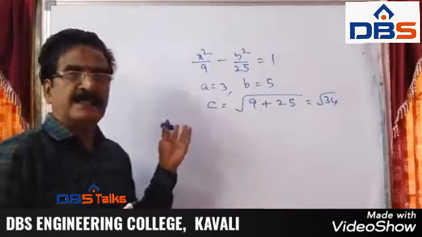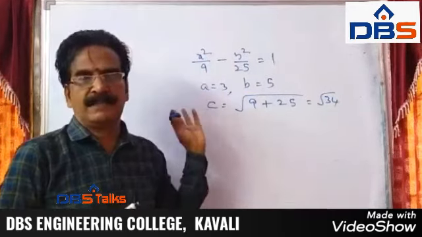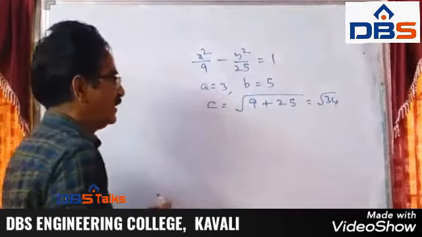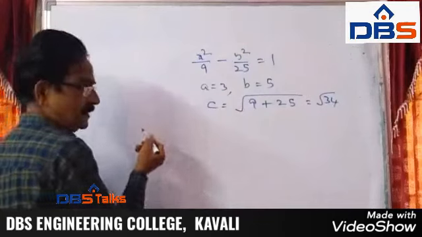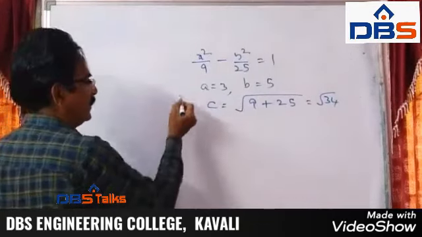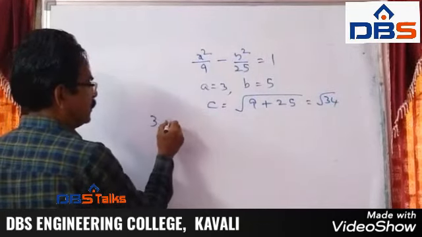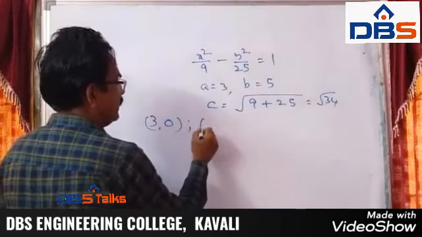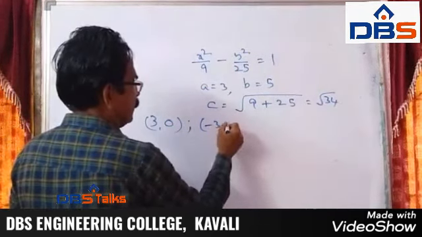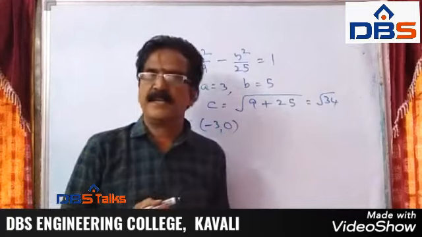Now we can write the vertices and foci. Vertices are plus or minus a comma 0, that is 3 comma 0 and minus 3 comma 0, these two are the vertices of the hyperbola.